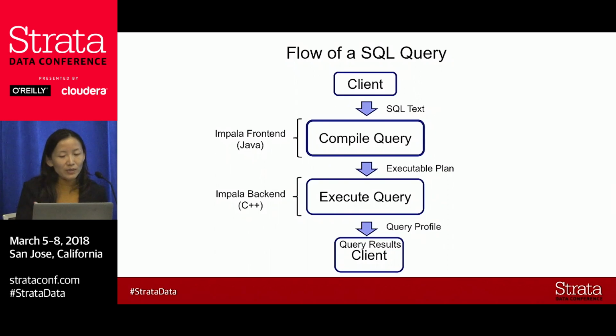And during the execution, we collect a lot of metrics and generate the query profiles. Each backend sends those status reports to the coordinator at an interval, so the coordinator side can combine all the status reports and show you the profile and the progress of the query. At the end, once it's finished, we send the results to the client.